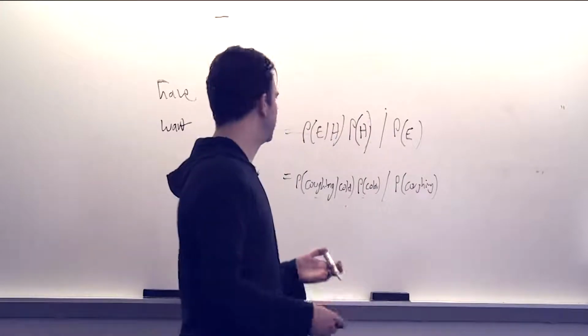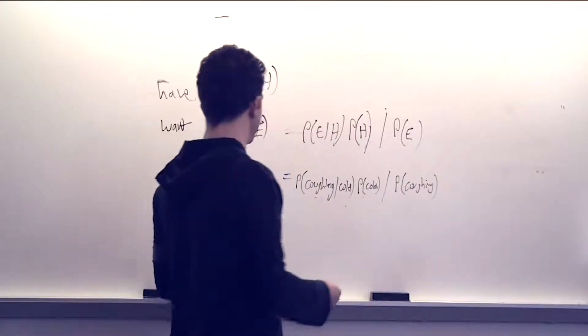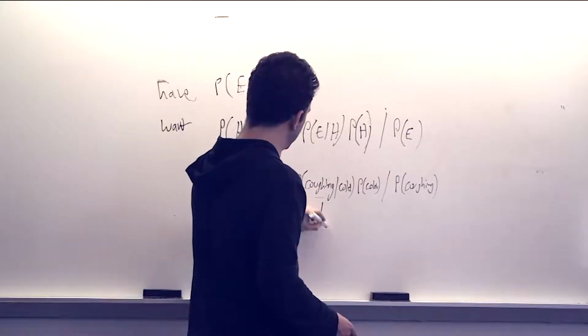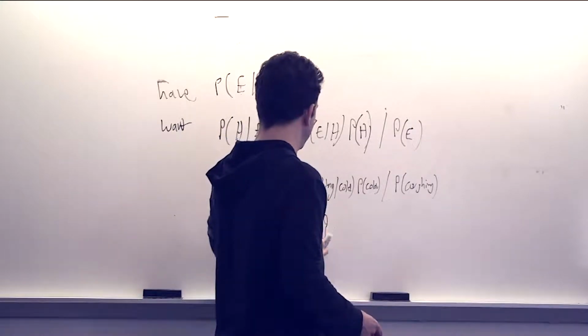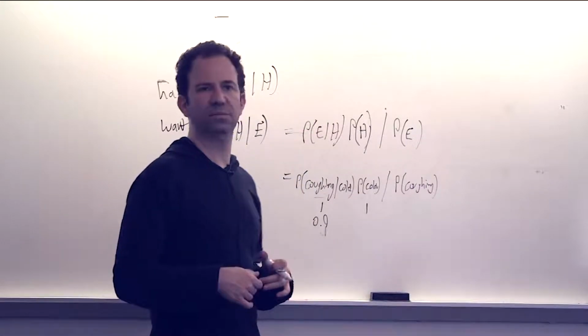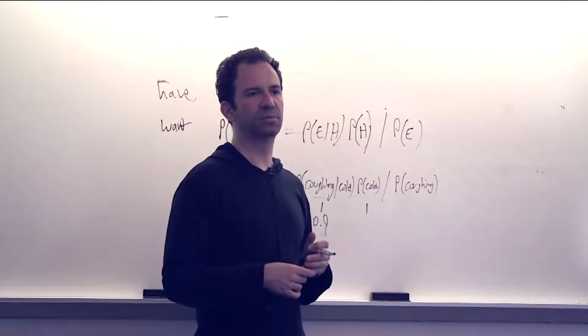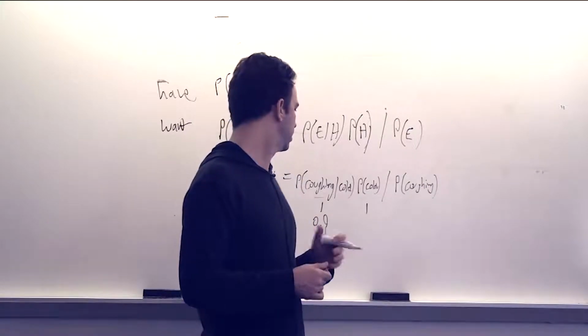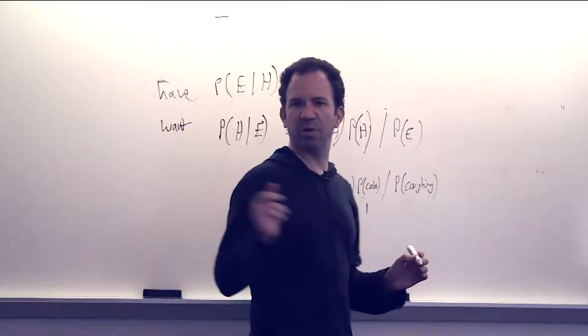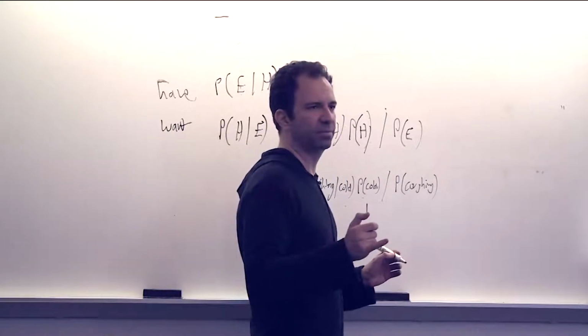So let's do this. What are reasonable values for each of these things? We were given coughing given cold at 0.9. What is P cold? How many people have a cold at any given moment? What fraction of the population? 15%? How many people in this room have a cold? Depends on the season.